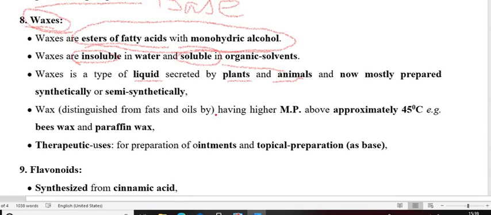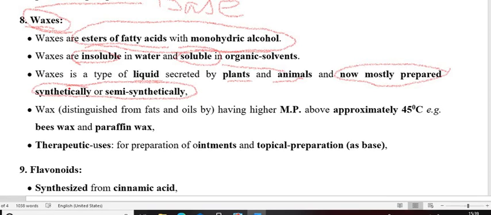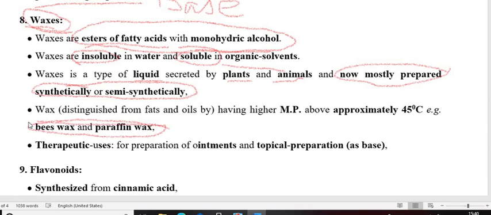But presently, most of the waxes are prepared in the lab. So nowadays we are preparing the waxes in the lab. The examples are beeswax and paraffin wax.